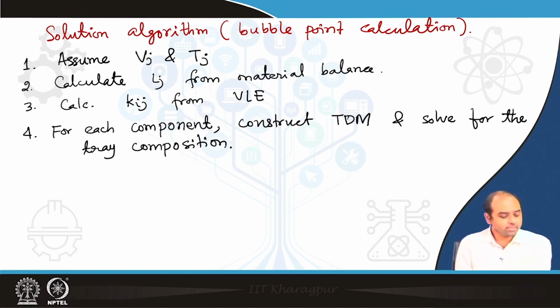And then for the expression, once you know your Kij, and Vj and Tj are already assumed parameters, you calculate your Lj. So all the coefficients of the TDM will be known. For each component, if there are, let's say, 10 components, for each case you have to construct a TDM and solve for the individual components in the trays. So all the component compositions in each of the trays will be known by solving this. Of course, how will you solve? Using the Thomas algorithm.